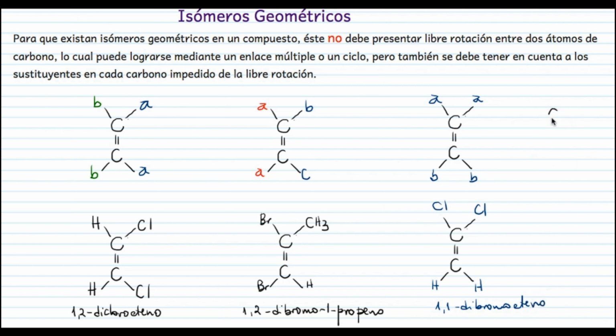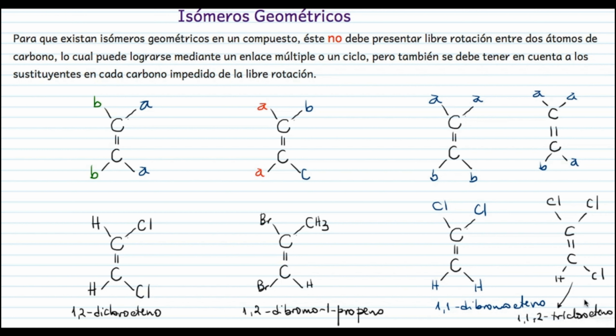I have the two carbon atoms linked together by the double bond, and here I have, for example, A, A to B. I am trying to use simple examples so that you understand it. It could be the one that has chlorine, hydrogen, and this is called 1,1,2-trichloroethene.